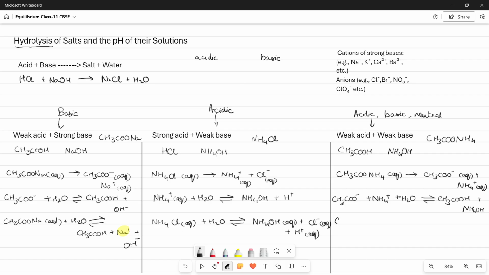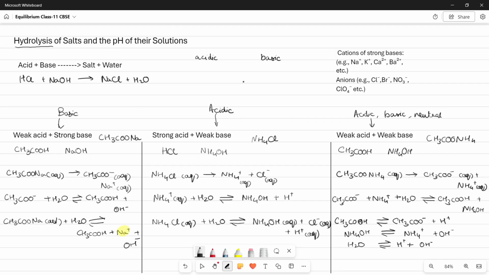So these are the following things that are possible. CH3COOH could be in equilibrium with CH3COO minus plus H plus. NH4OH could be in equilibrium with NH4 plus and OH minus, and then you also have the water molecule, H2O, in equilibrium with H plus and OH minus.